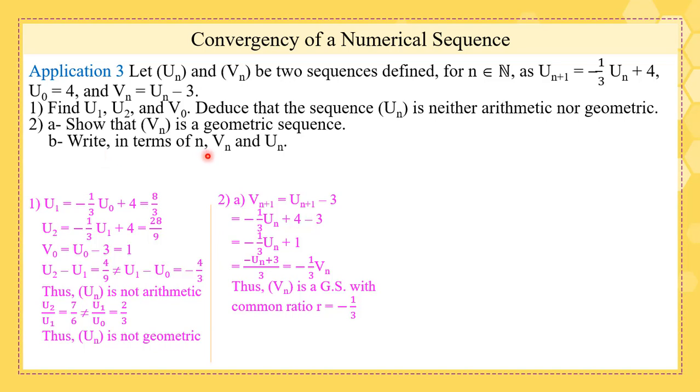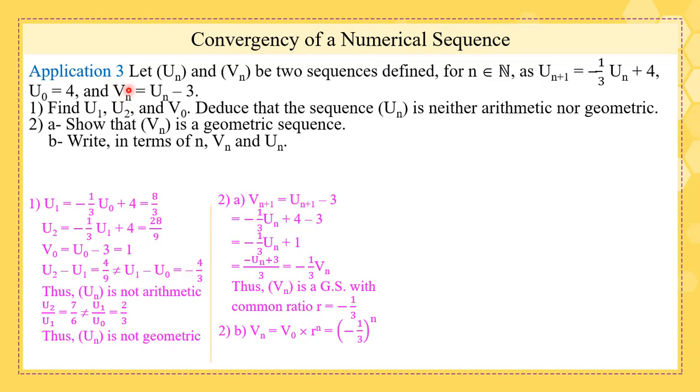Right, in terms of n, Vn and Un, it means we need the general terms of Vn and Un. Try to do it alone. Let's see. Applying the formula of the general term of a geometric sequence, we can say that Vn is V0 multiplied by r to the power n, and we know from before that V0 is 1. Well, how do we find Un?